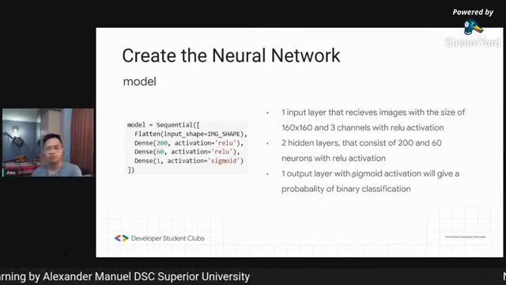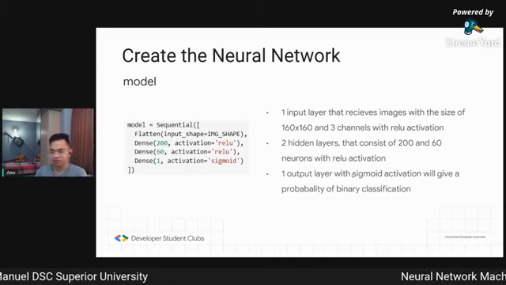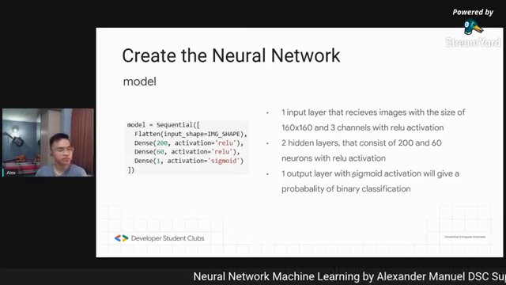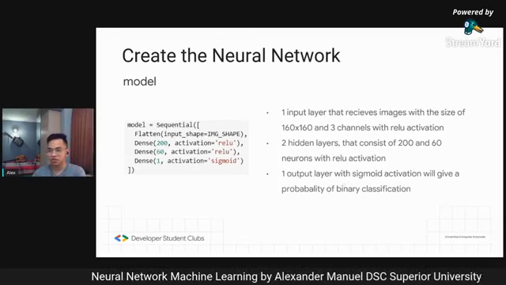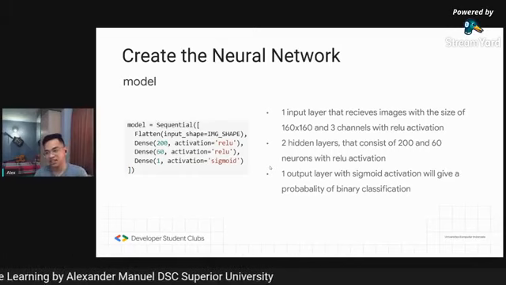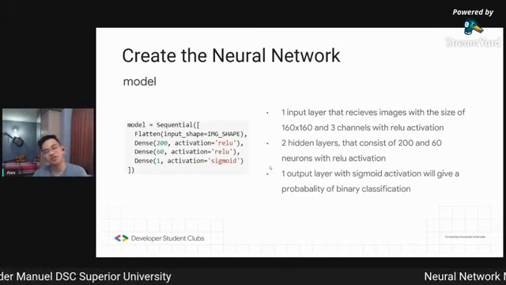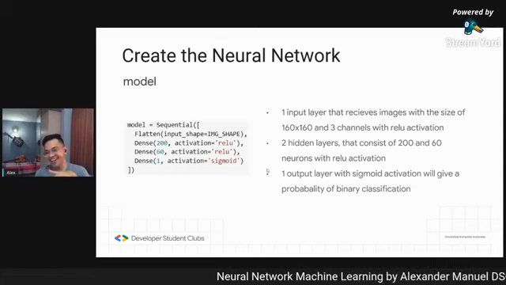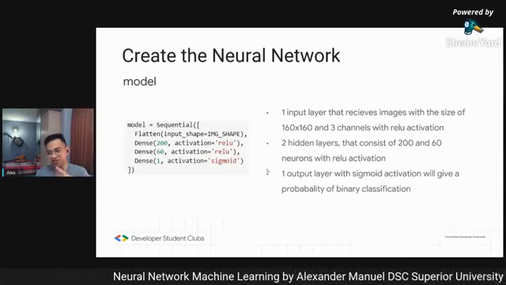The model is simple enough, yet quite powerful enough to be used. Like what I've said before, we're going to flatten the input of the image.